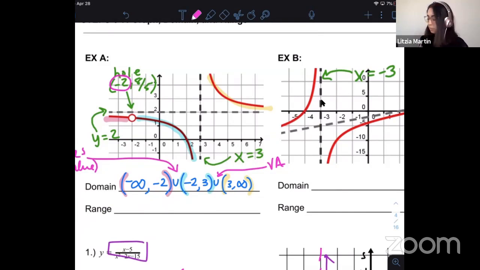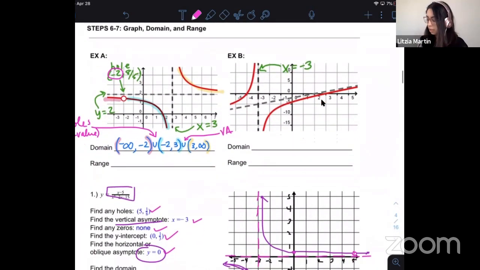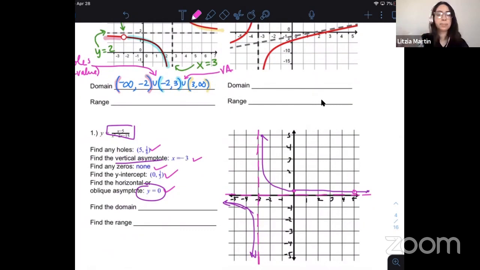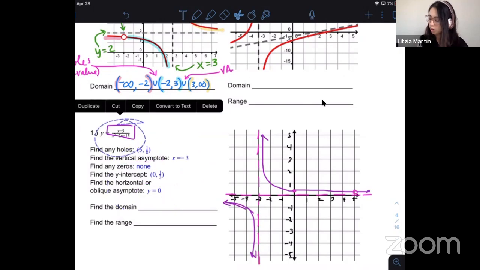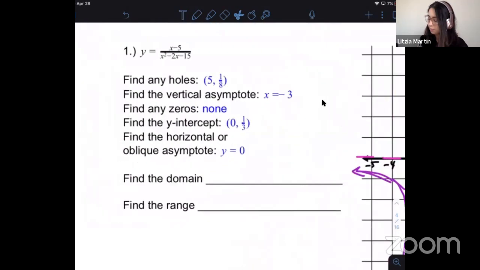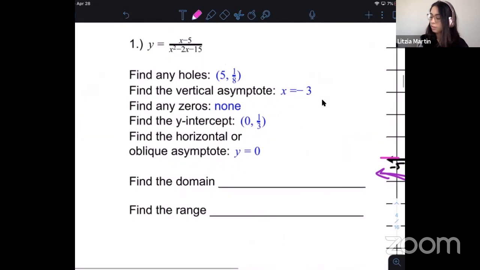So let's take a look at number 1. And let's not look at the graph for a minute here. So I look at my discontinuities.